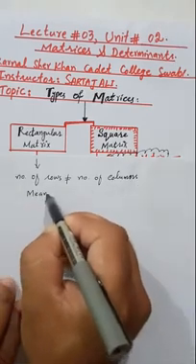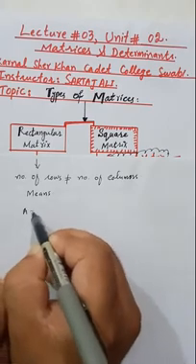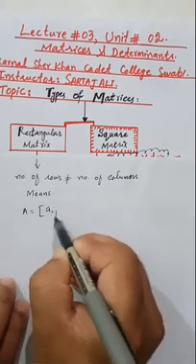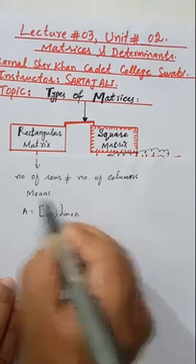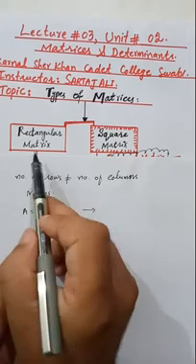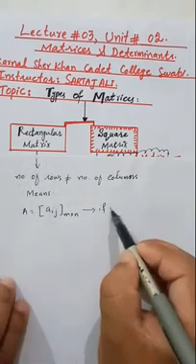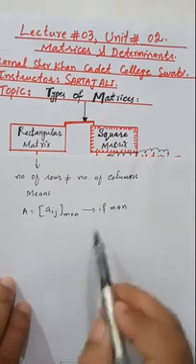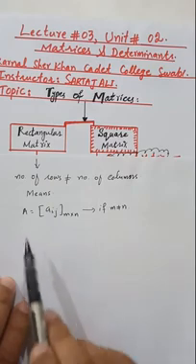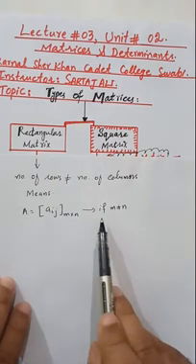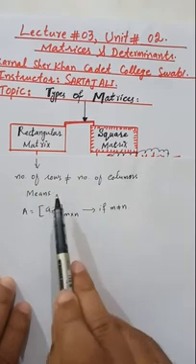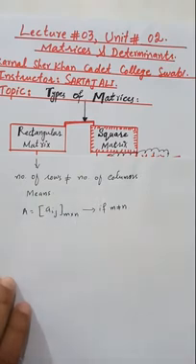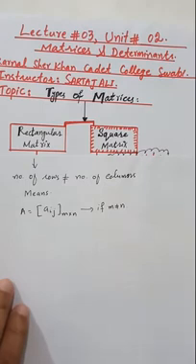It means that if you have a general matrix of order m by n, this matrix is said to be a rectangular matrix if m is not equal to n. Here m is the number of rows and n is the number of columns. So if a matrix has a different number of rows and number of columns, that matrix is called a rectangular matrix. So this is the definition of a rectangular matrix.